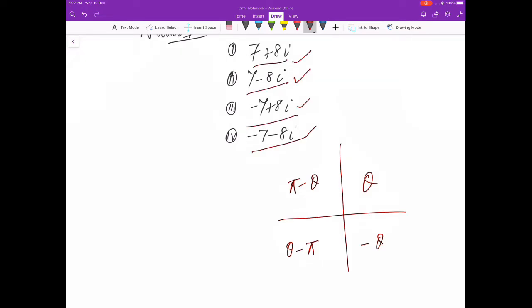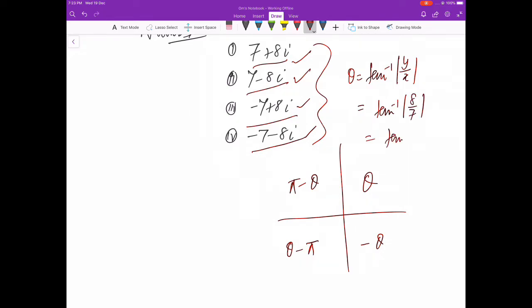So how are we calculating theta? We are calculating theta by simply taking the numerical values of the real part and the imaginary part. We will simply ignore the signs associated with the real and imaginary parts. So for all the cases I can say theta is equal to tan inverse mod of y by x, which is tan inverse 8 by 7.